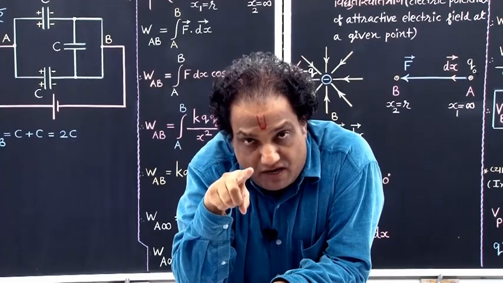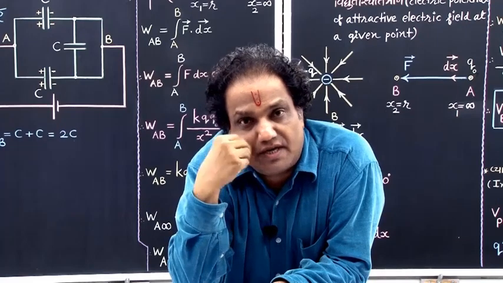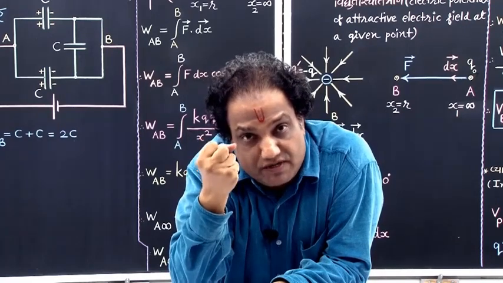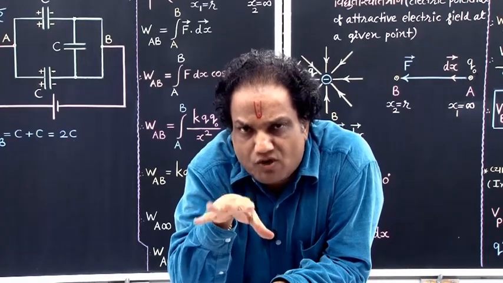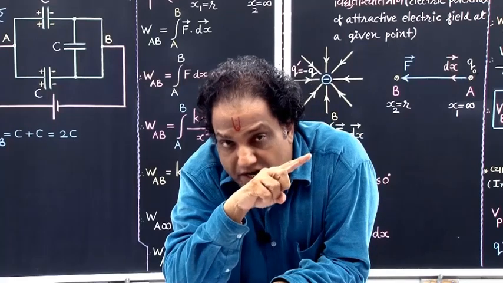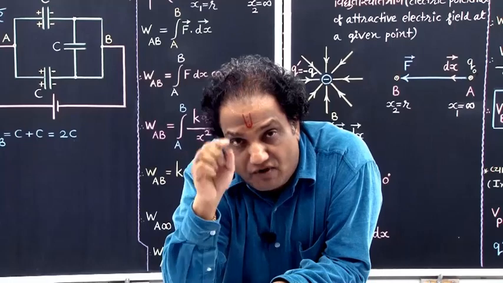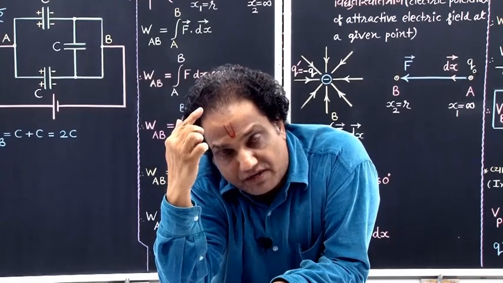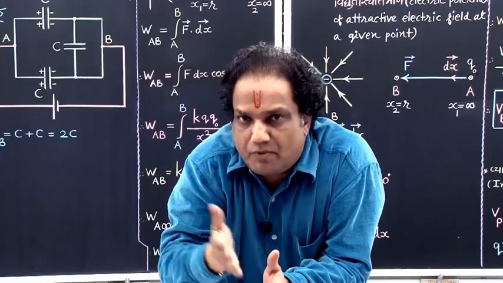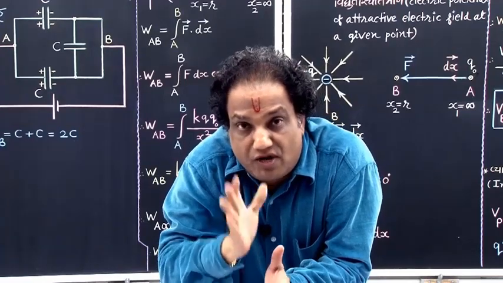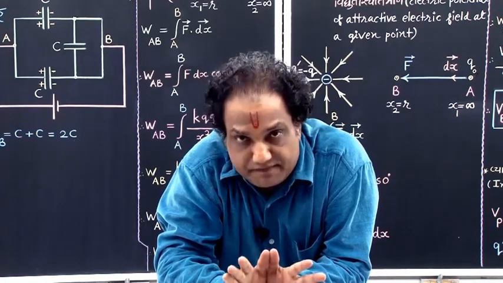We will find out the work done by electric field because it has capacity of doing that work, and how much work it can do on a unit positive charge while bringing it from infinity to a given point or while pushing it from a given point to infinity. That is what we will find out, okay? And depending upon that, we will get the potential value at a given point. Got it? This is our basic idea. Look now.